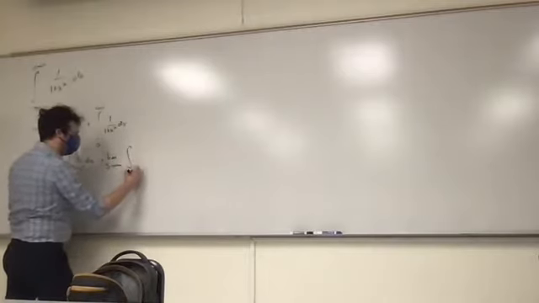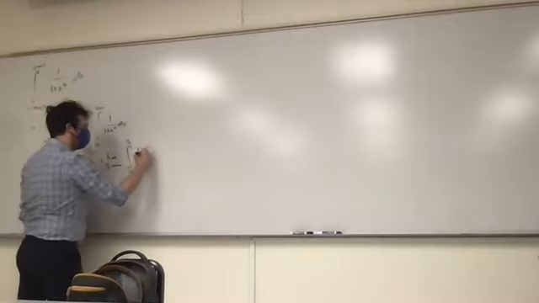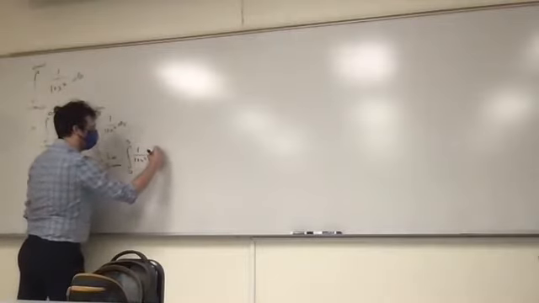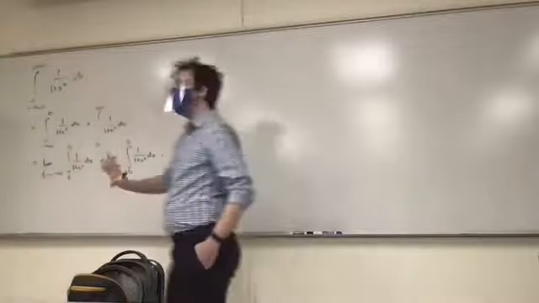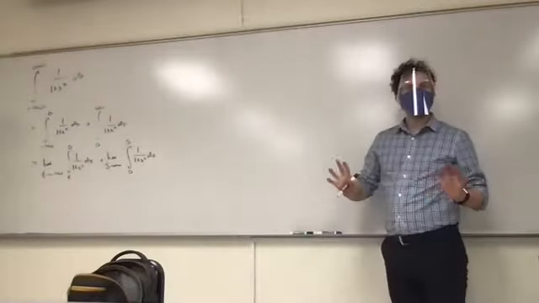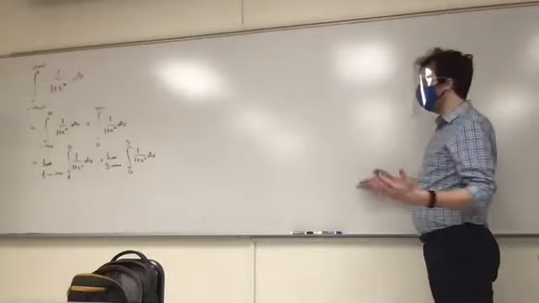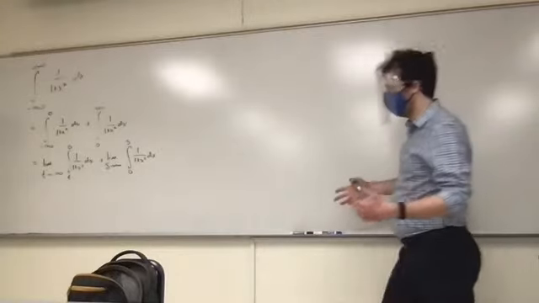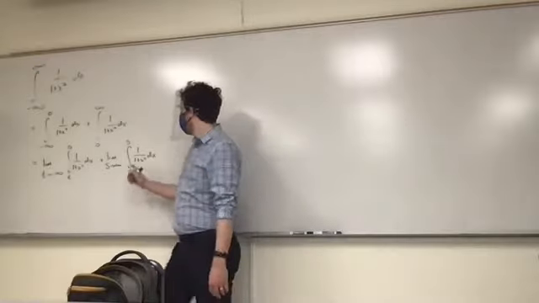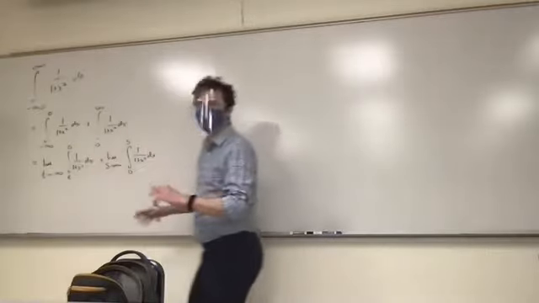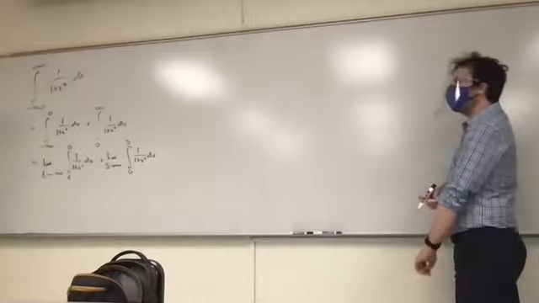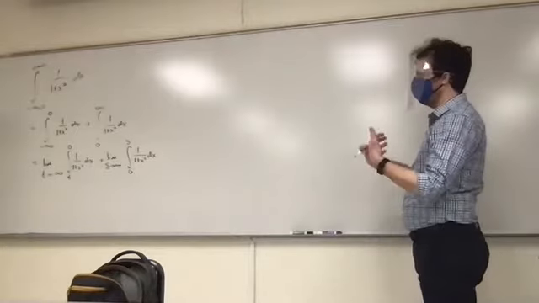I'm going to integrate from 0 up to s of 1/(1 plus x squared) dx. Not because anything is actually going to be different, but we're treating these as different limits, and it will help me keep track of what's what so things don't get mixed up.